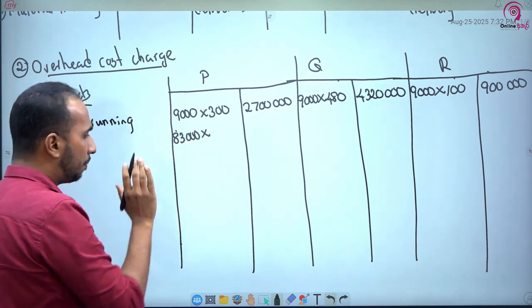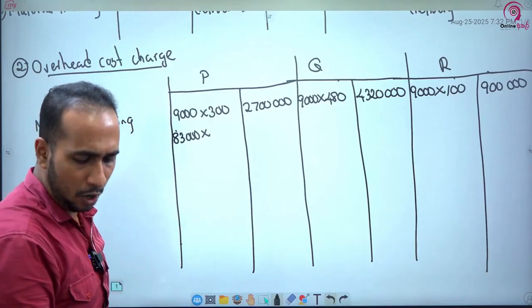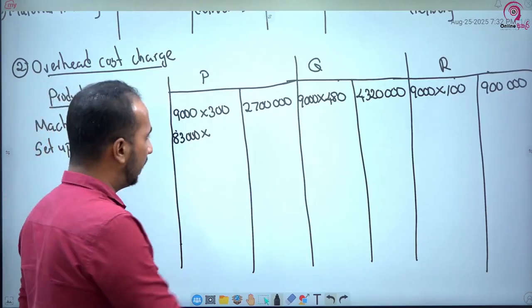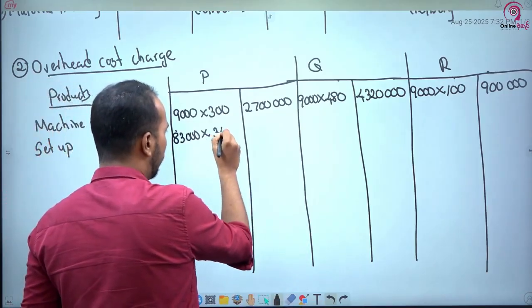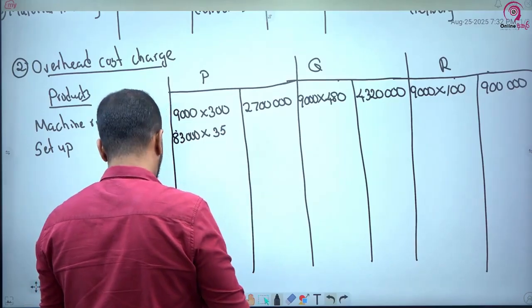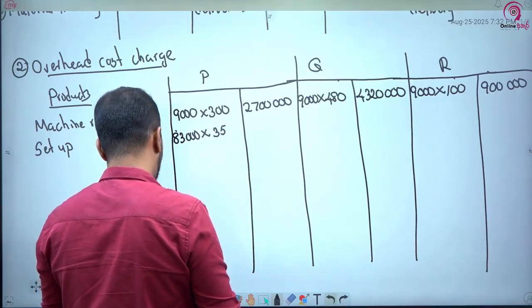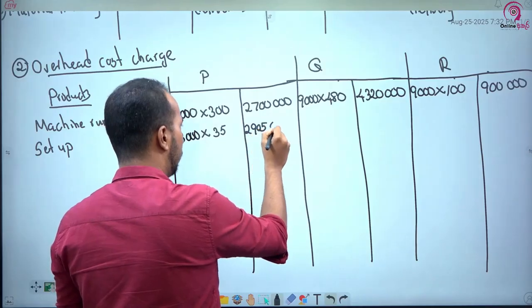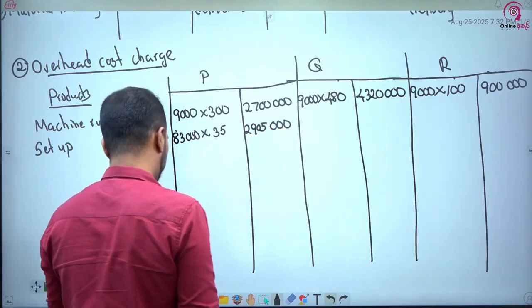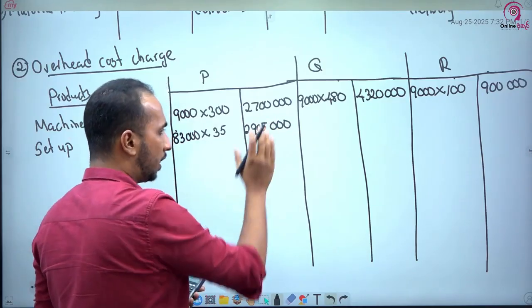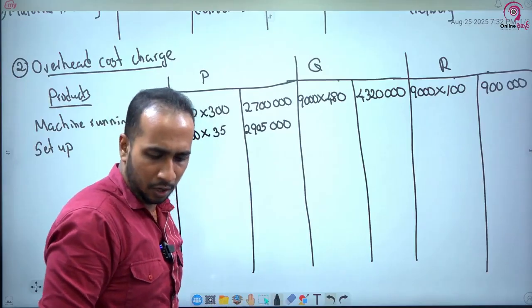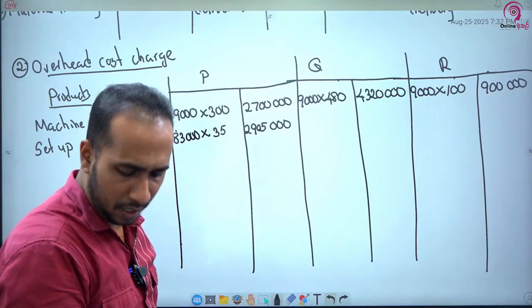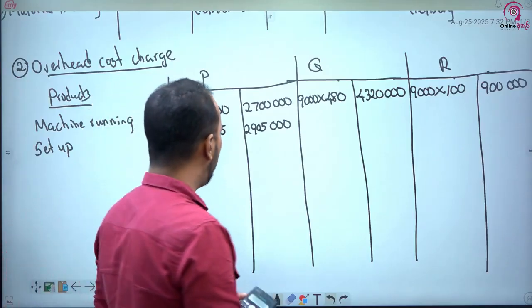When it comes to product P, how many production runs are we performing? We are performing 35 production runs. You can take the cost, 83,000 multiplied by 35, it is 2,905,000. When it comes to product Q, as per the question, we are performing 40 production runs.